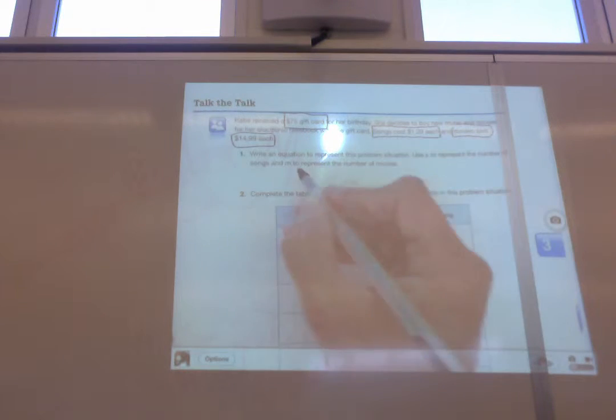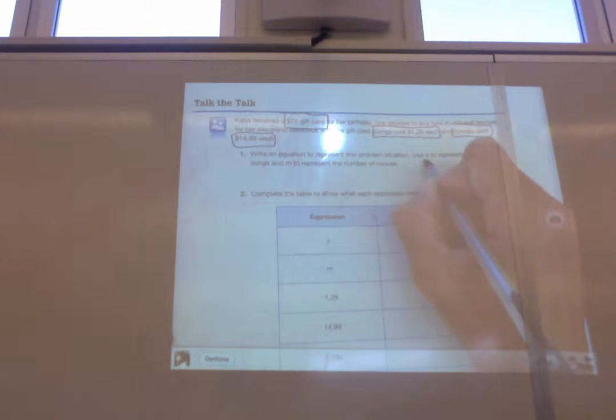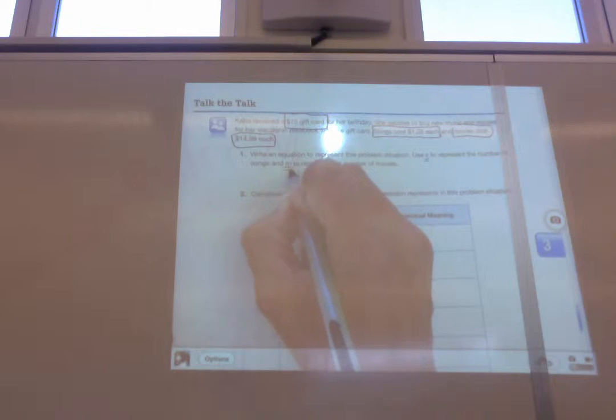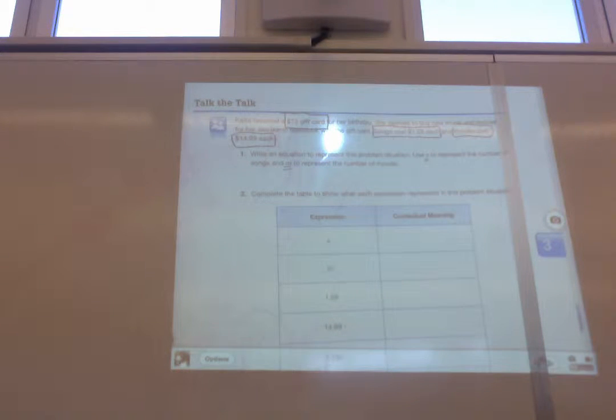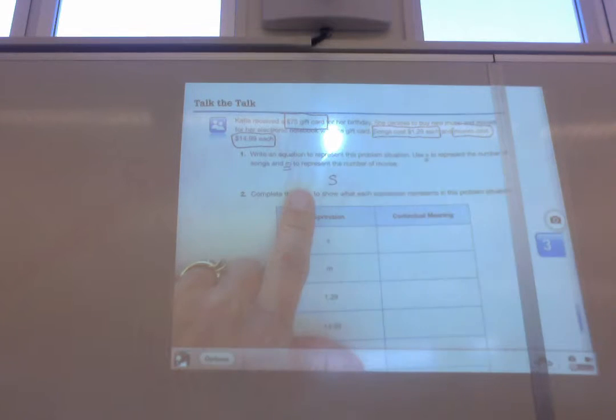75. So if we're going to write it like an equation, they gave us some variables. They told us to use an S for songs and use an M for movies. If I'm working with this the same as I did adult tickets, student tickets, say I start with an S, what do I need to put with that S?